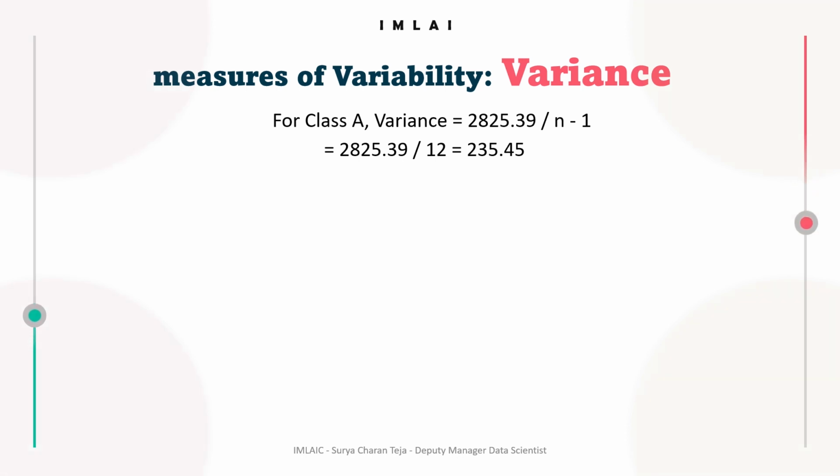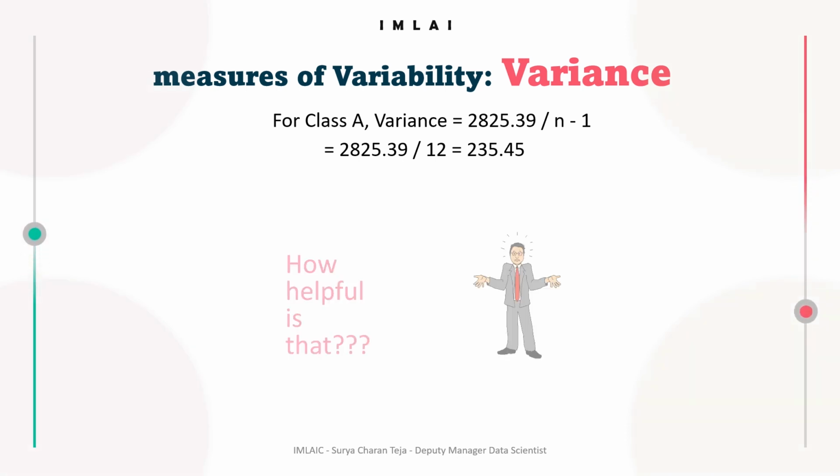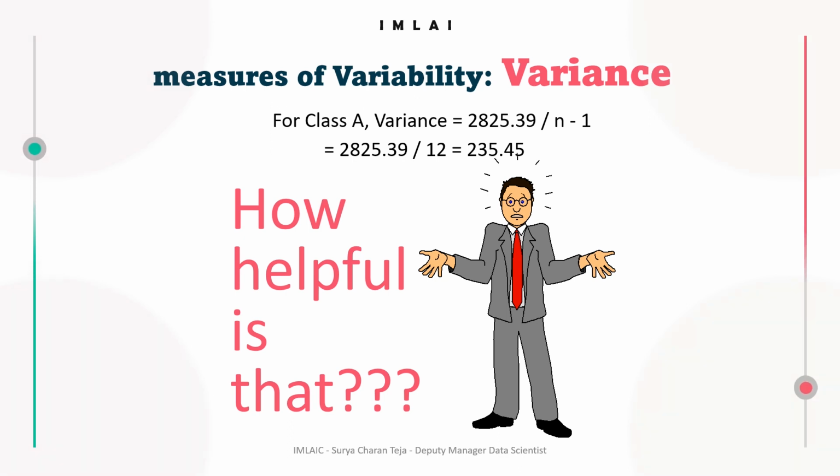Fantastic. We'll round it off to 235.45. But the question arises: how helpful is that to me? What can I make out of it? What can I infer from that? Your scores are between 80, 90, 100, 140, 130, and you got a variance of 235.45. What sense does it make?